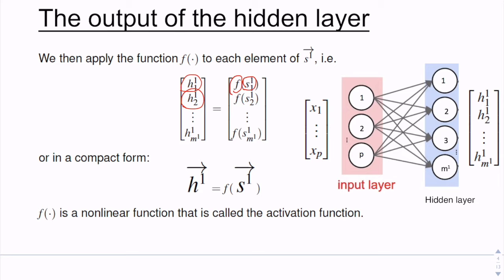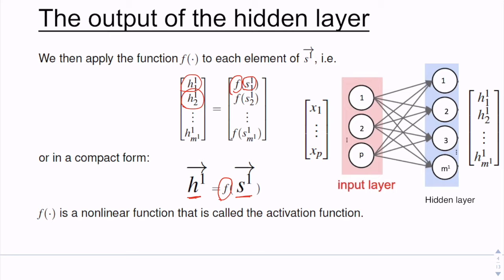When we talk about the output, it is after applying the activation function. In matrix form, you have a vector, you apply a nonlinear function, which from now on we call the activation function, and then we get the vector h. This is the output of the first layer of the neural network.